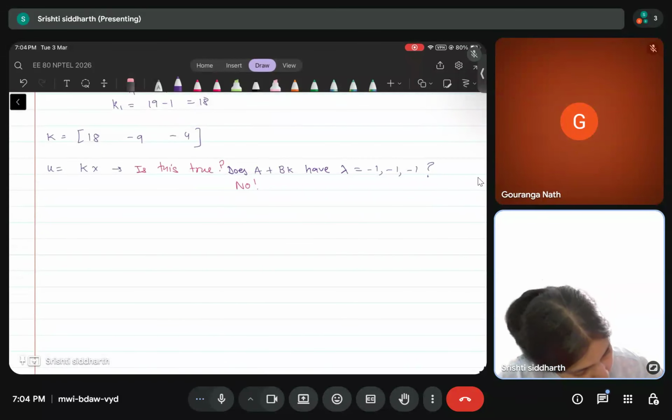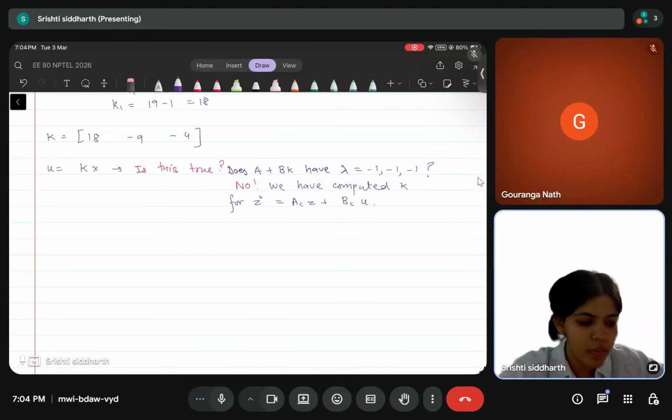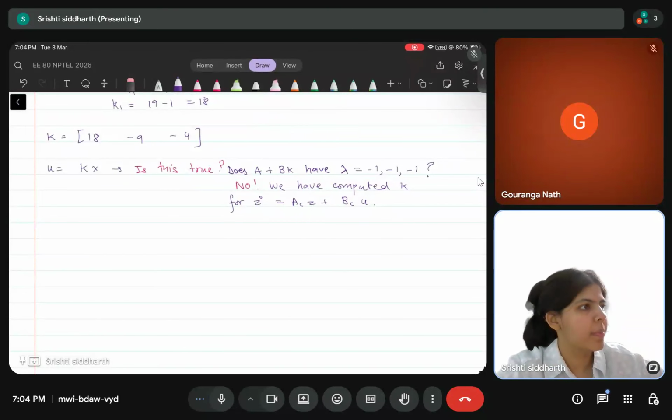So that's because we have computed k for z dot equals AC z plus BC u. So how should we transform u so that it becomes the control vector for the original system? Okay, so let's see.